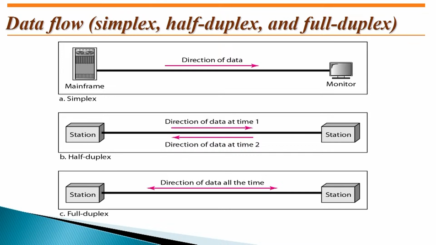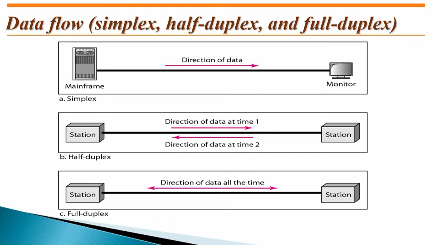In half duplex mode, a message can be sent from one side to the other, and at a second interval it can be sent from the second station to the first station. But at a point of time, data can travel either this way or that way. At the same time, it cannot be communicated. It is not available for both sides of communication. So half duplex is when it happens at different time intervals.